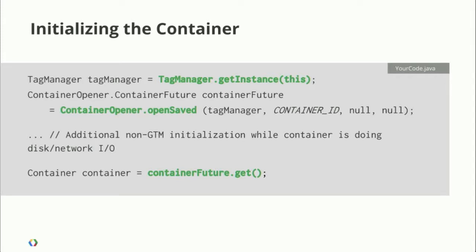That is, in the background, it's going to be going through and doing its network communication so that we don't stall while we're waiting to open the container. While that's going on, you could do additional initialization of your application. And then when you're ready and actually need a container value, you'll call containerFuture.get, and that will, if necessary, wait until the download has happened.